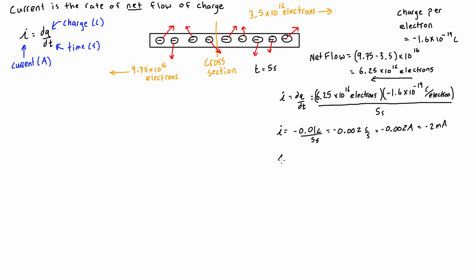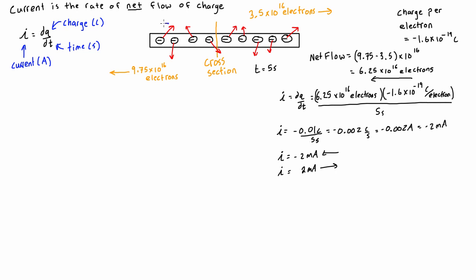So we can express the current as negative 2 milliamps going to the left, or as positive 2 milliamps going to the right, by simply multiplying by negative 1 and switching the direction, like your typical vector expressions.